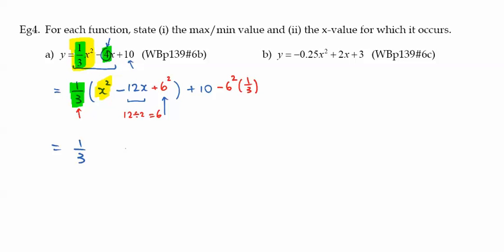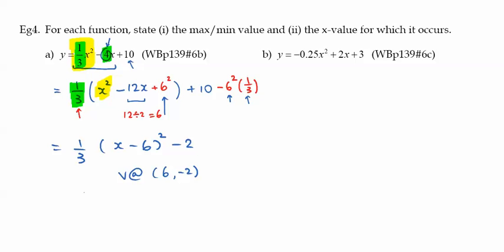So now the 3 terms inside the bracket will create a perfect square, and at the end, 36 times 1/3 is 36 divided by 3, or 12. 10 minus 12 will give us minus 2, and we will see this vertex at 6 and negative 2.